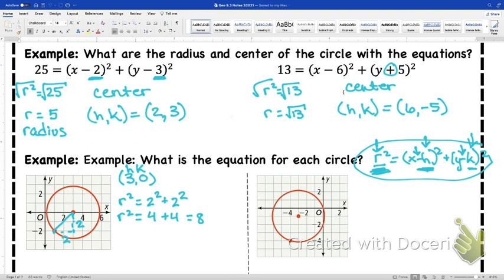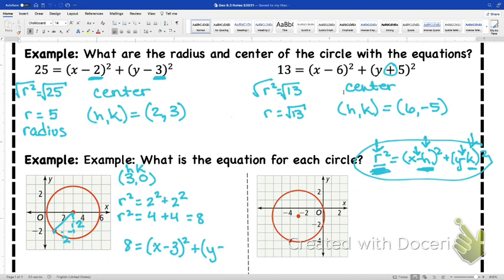So now I just plug it in. r squared, 8, equals x minus 3 squared plus y minus 0 squared.